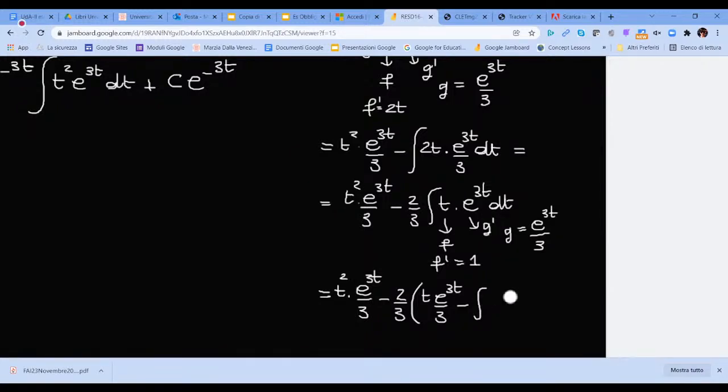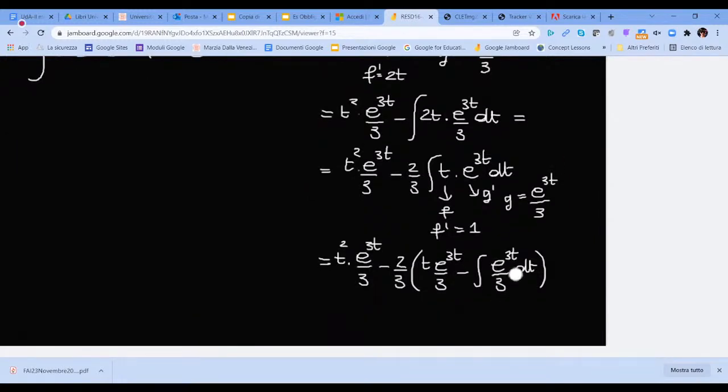The integral of 1 times g is an integral that you can evaluate immediately, because it is 1/3 multiplied by e to the 3t divided by 3. So at the end you will have e to the 3t divided by 9 in this case.